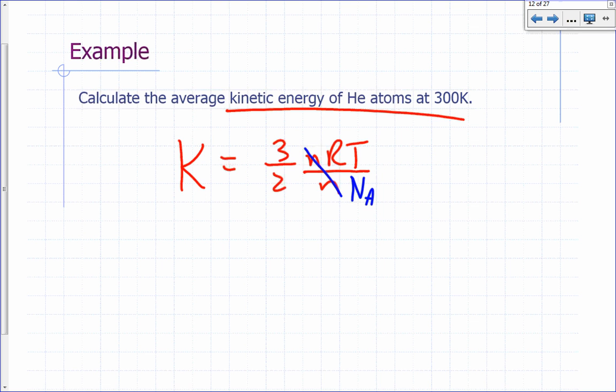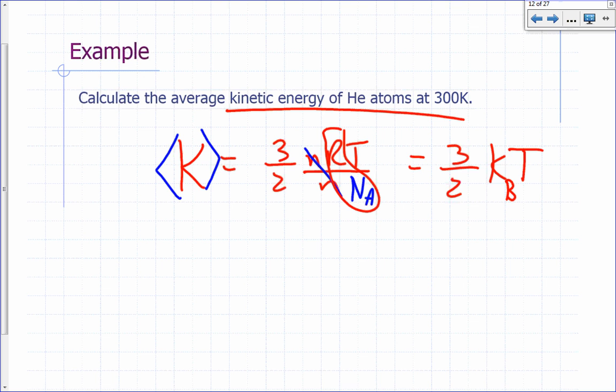That will give you the average kinetic energy per atom. Now, R over Avogadro's number is also known as Boltzmann's constant. So if you remember, the formula for that is 3/2 kT, or K sub E.